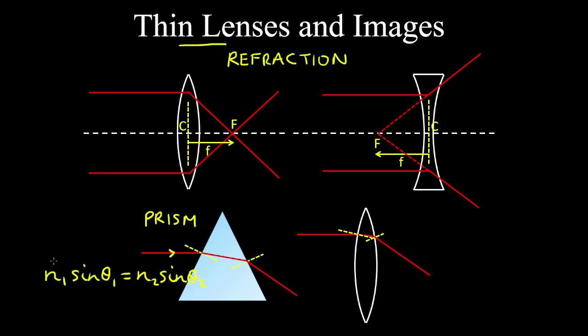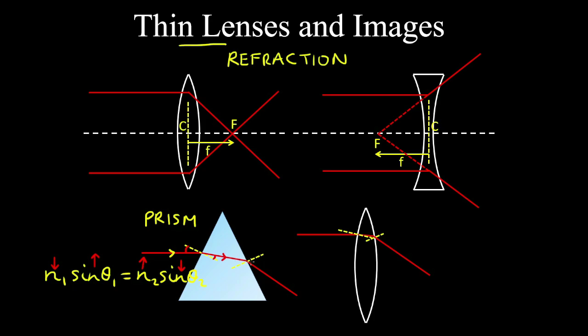So if light goes from a medium with a lower index of refraction, then the incident angle is higher than the refracted angle. So at this point, the incident angle with the normal is as follows, and the refracted light ray refracts towards the normal.